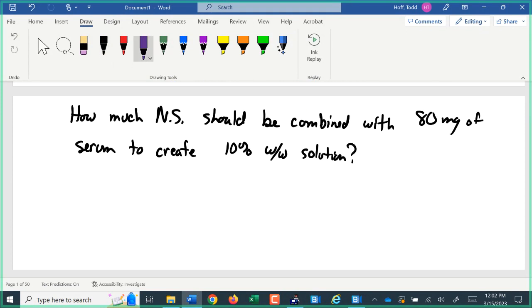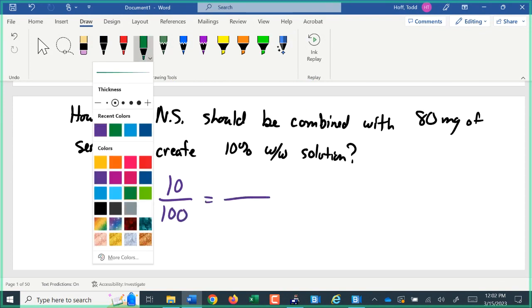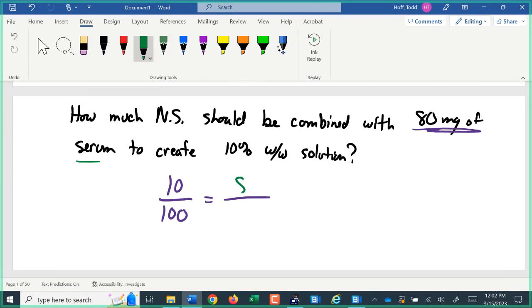So again, weight and weight. So 10% is going to be 10 out of 100. We have 80 milligrams of serum, so that goes on top. We cross multiply and divide. 100 times 80 divided by 10 makes this 800.